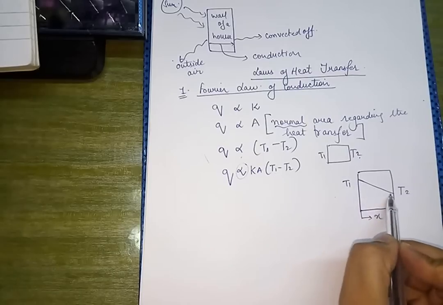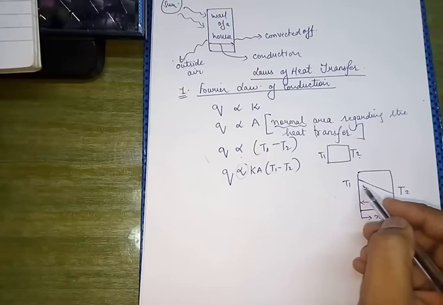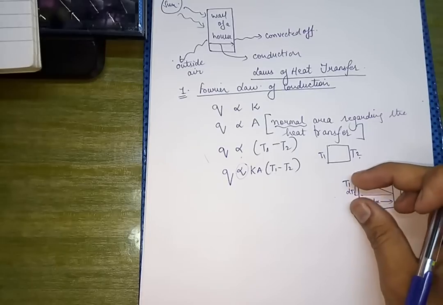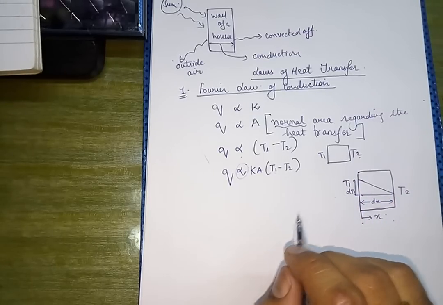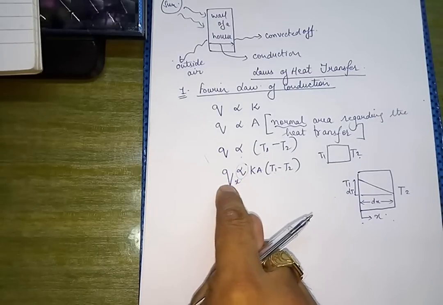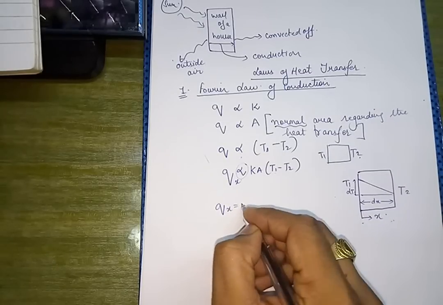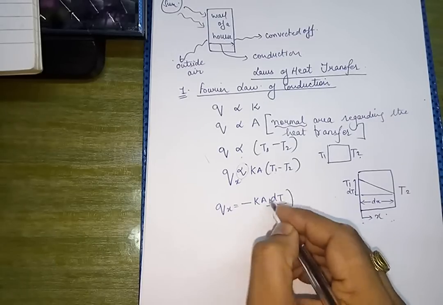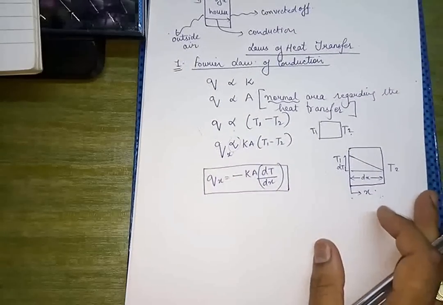This is dx, and this is dT, the change in temperature over an elemental distance dx. So I'll write it as Qx, that means flow of heat along the x direction. Qx is equal to minus KA dT over dx.